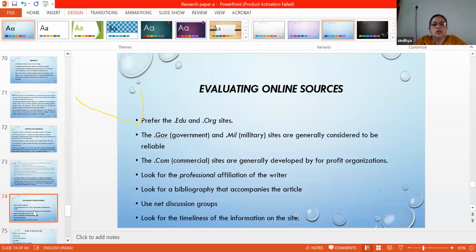Then evaluating online sources. We are using online resources more in the present context. So check whether the online sources are authentic or not. Prefer sites with .edu and .org; they are more authentic than many other sites. The .gov government sites are generally considered to be reliable.